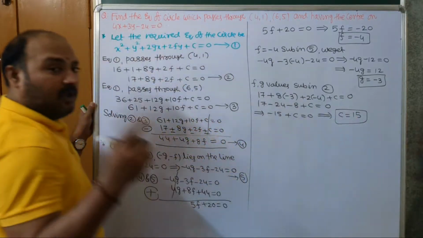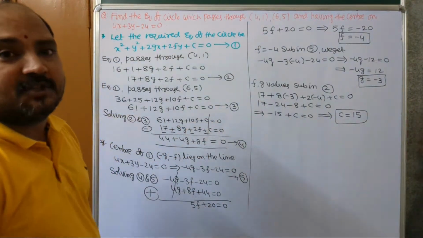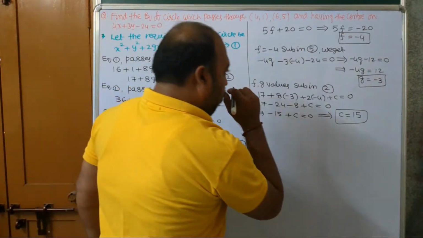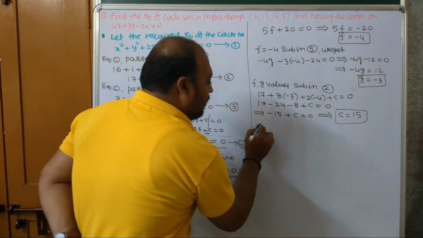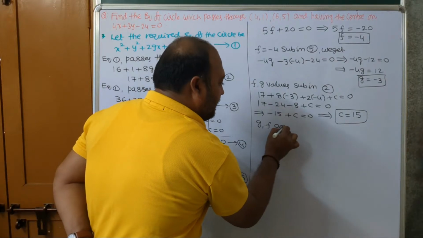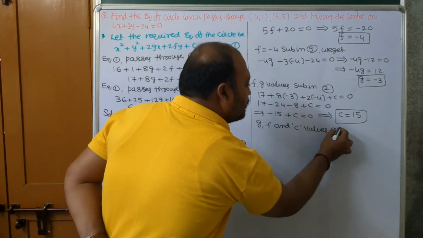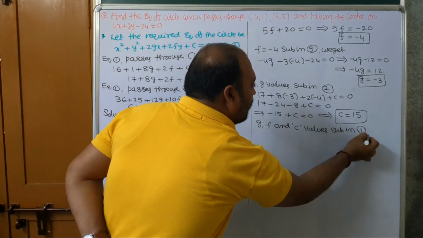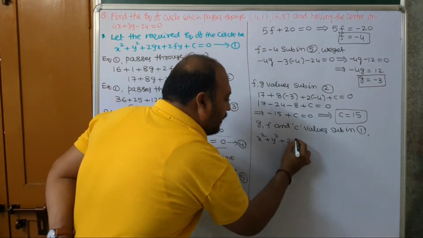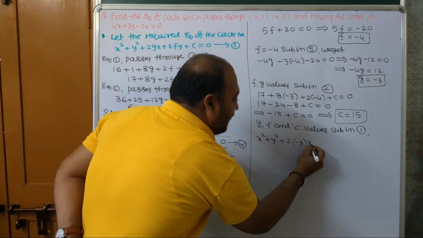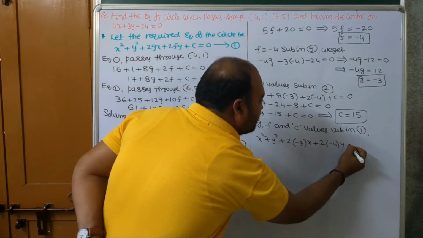While calculating, be aware, dear students, be careful. One minus or one plus will change your total answer. The g, f, c values, substitute in equation 1: x square plus y square plus 2 into minus 3x plus 2 into minus 4y plus 15.